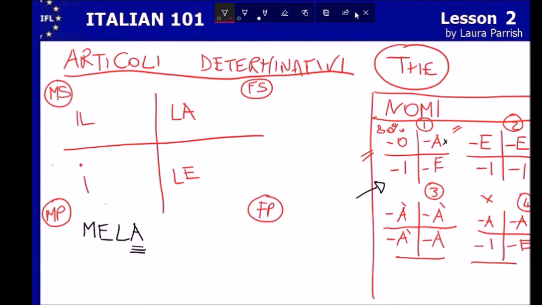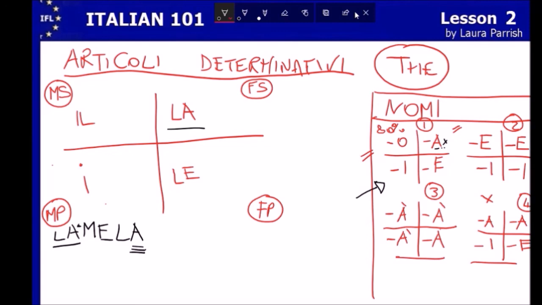Because you have to identify the gender and number of the noun in order to match it with the right gender and number of the article. So you know it's feminine singular, it is in this corner. So here, feminine singular, the article is la. La mela.